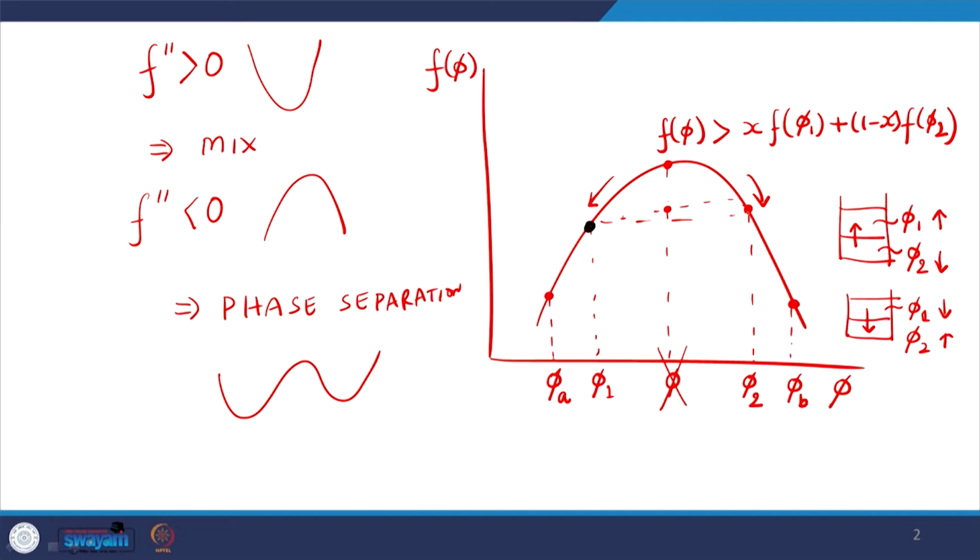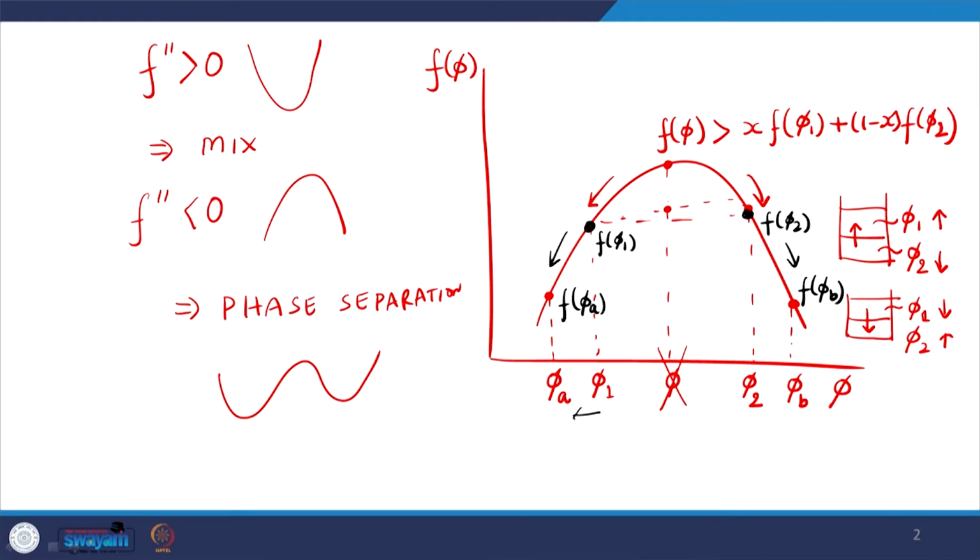So, this was my f of phi 1, this is my f of phi 2, this is my f of phi A, this is my f of phi B. Since the Helmholtz free energy density of both these phases has decreased by going from phi 1 to phi A and phi 2 to phi B, we can clearly see, even without doing the full math, that the energy will decrease as I go from this state to this state and simultaneously from this state to that state, right.